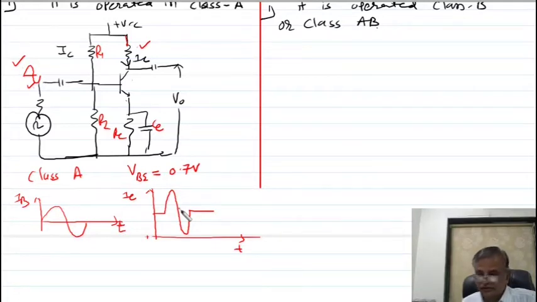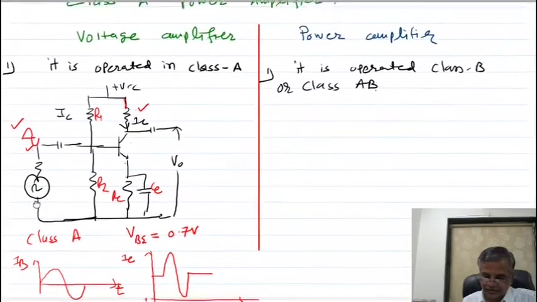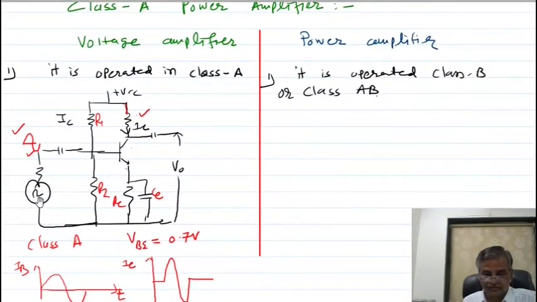Now, let us see what is class B operation. See, in a class B operation, the base emitter voltage is kept 0. Means this voltage is kept 0. So how can you keep this 0? That we will see in a circuit. Here you have adjusted the values of R1 and R2 such that your VB is getting 0.7 volt.